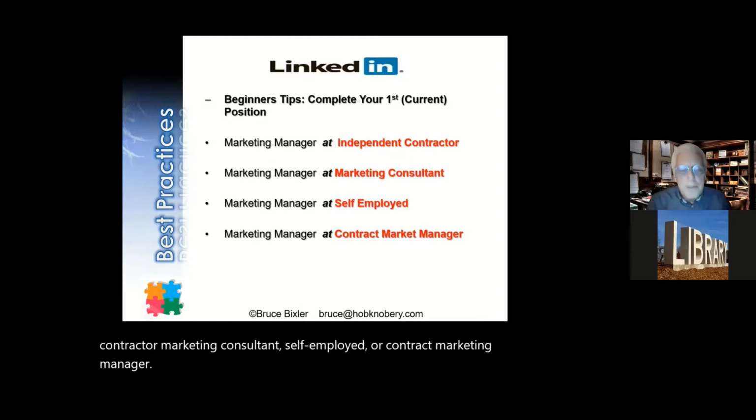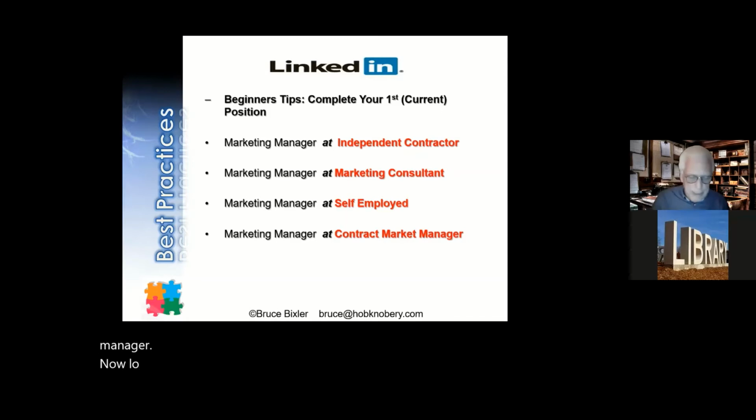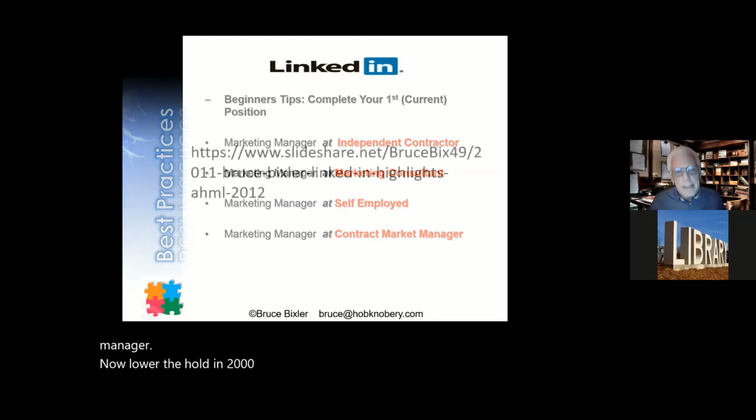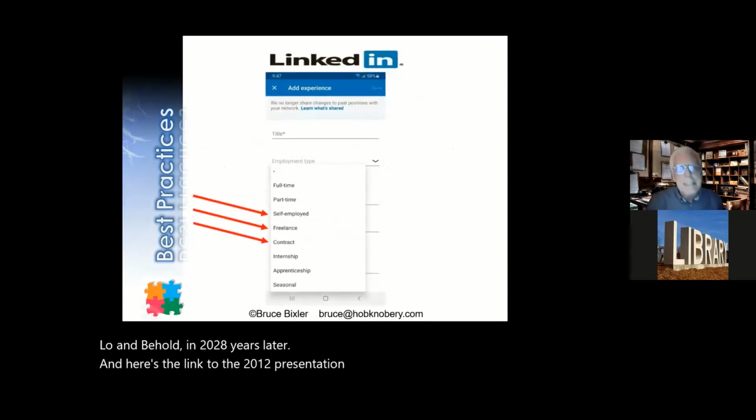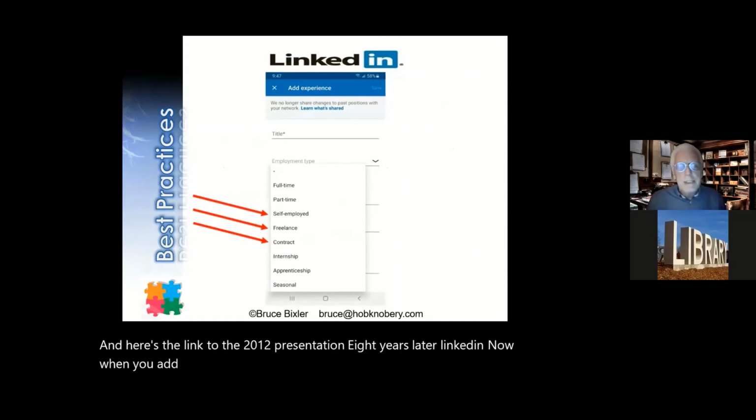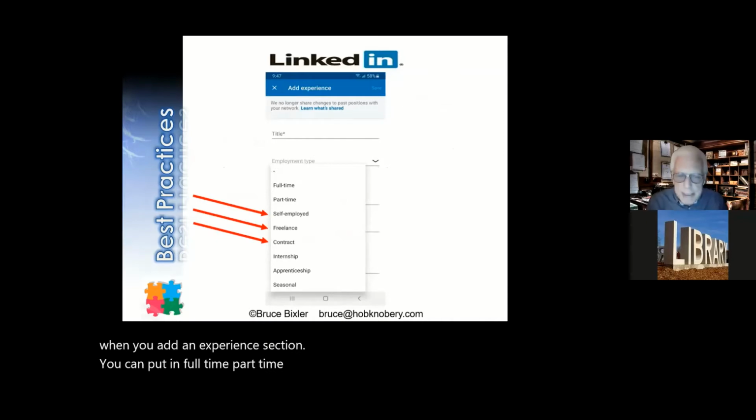Now, lo and behold, in 2020, eight years later, and here's the link to the 2012 presentation. LinkedIn now, when you add an experience section, you can put in full-time, part-time, self-employed, freelance, contract, internship, apprenticeship, and seasonal.